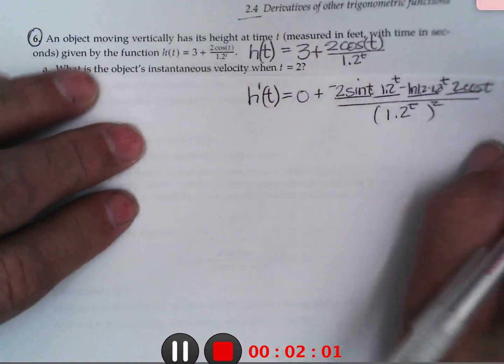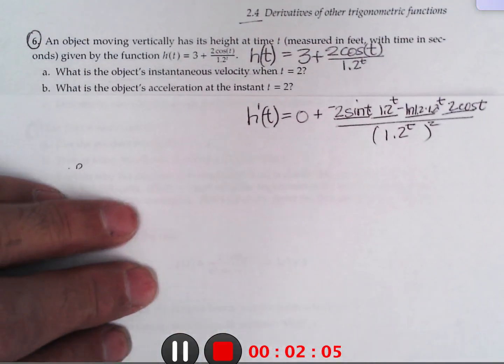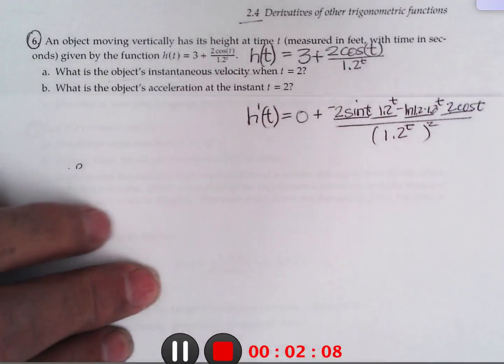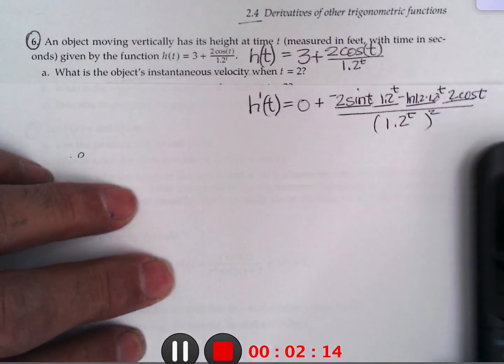Okay, and then we're supposed to find this at t equal 2, the velocity at t equal 2.